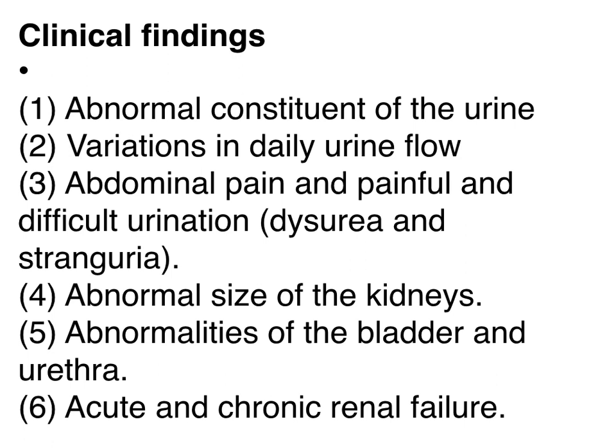Clinical findings. This is characterized by, number 1, abnormal constituents of the urine (مكونات غير طبيعية في البول), variation (تغيرات) in the volume or amount of urine passed, in addition to abdominal pain and painful and difficult urination, والتي تسمى الحالة dysuria and stranguria, قلة بالبول مع الحزق عند البول, stranguria.